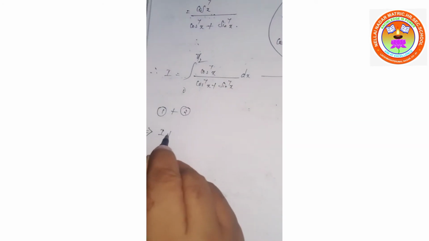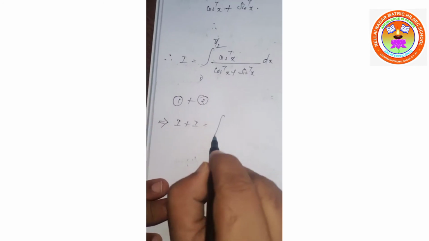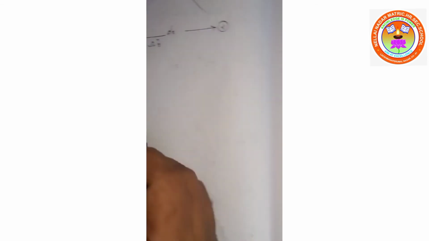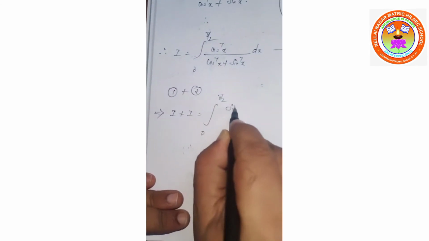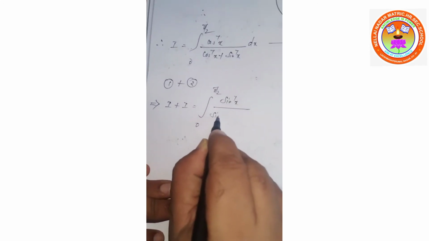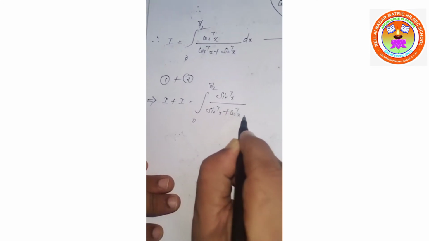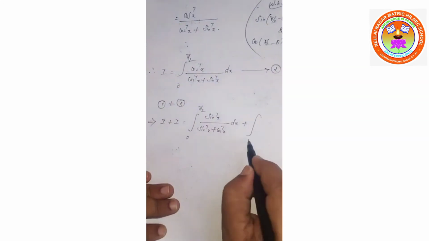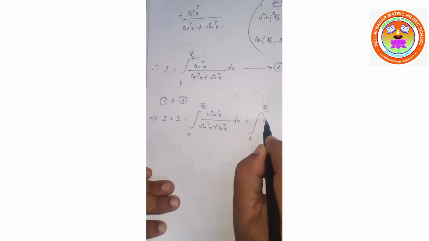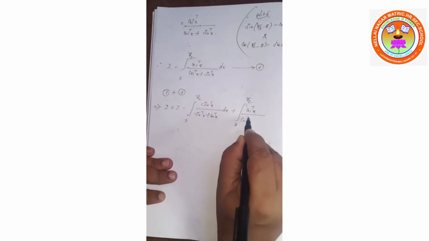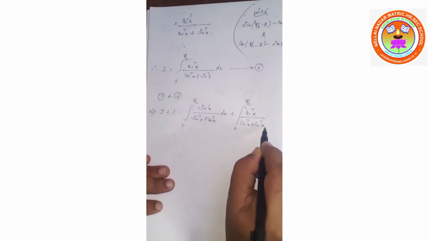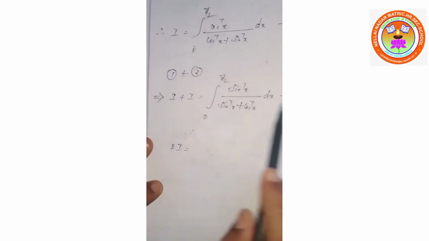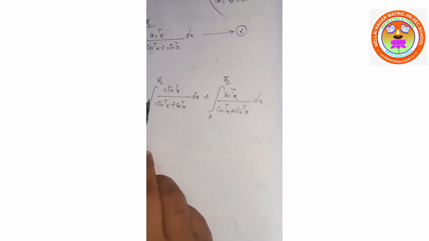I. So I plus I equals, in equation number 1, right hand side 0 to pi by 2, sin power 7x divided by sin power 7x plus cos power 7x dx, plus equation number 2, right hand side 0 to pi by 2, cos power 7x divided by cos power 7x plus sin power 7x dx. I plus I, 2I equals, I am going to add the two integrals, same integral, same limits.